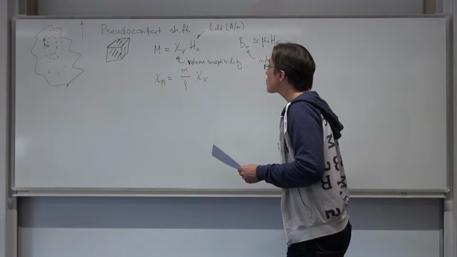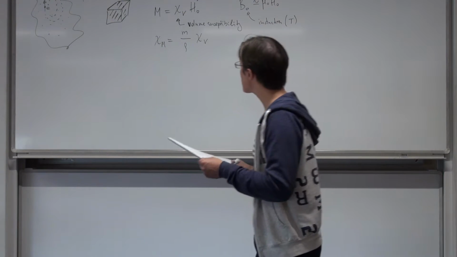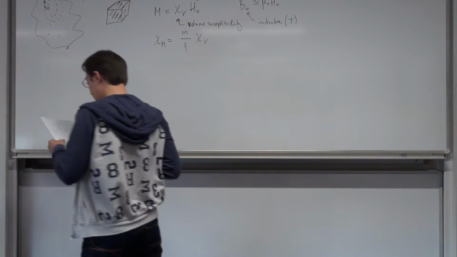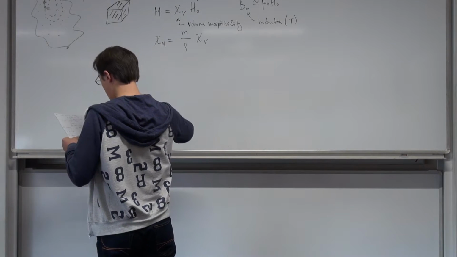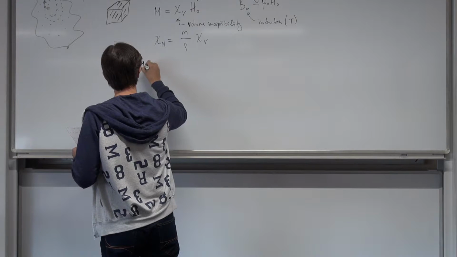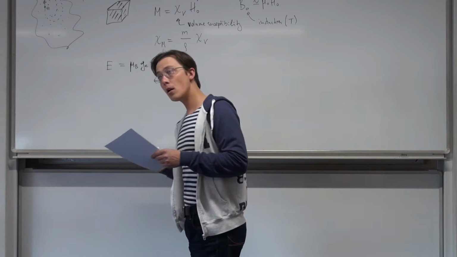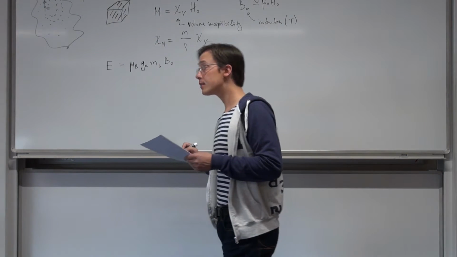And then, well, the usual statistical thermodynamics would get us the equilibrium magnetization. We know that the energy of our spin in a magnetic field, if it is an electron, is the Bohr magneton times the electron G factor times the projection quantum number of that electron onto the field times the field itself.